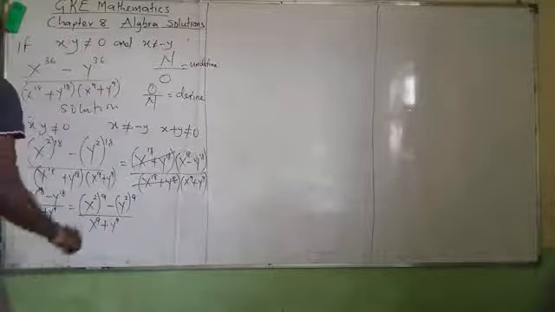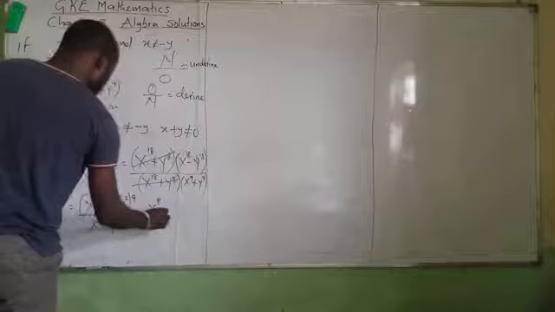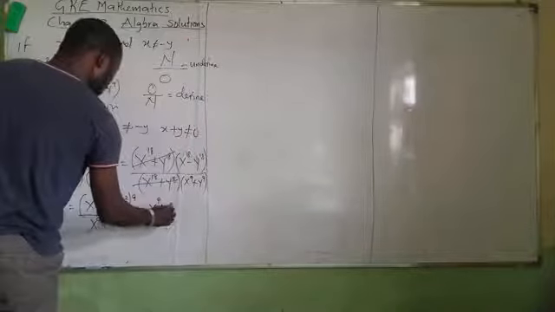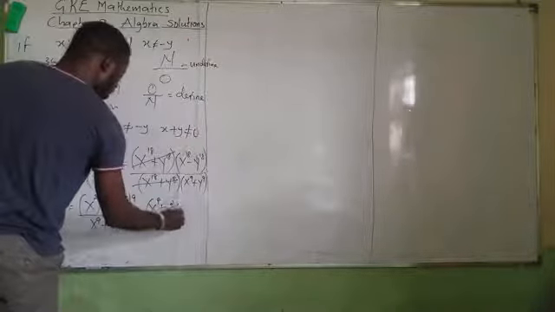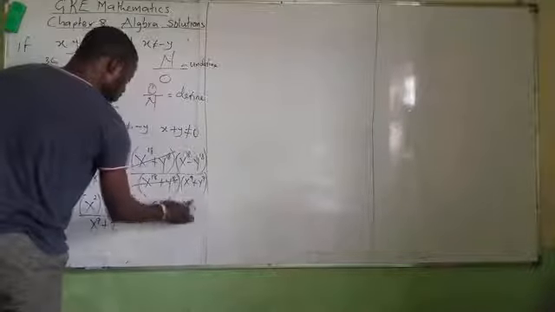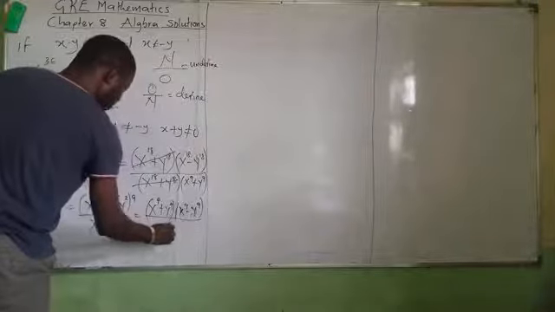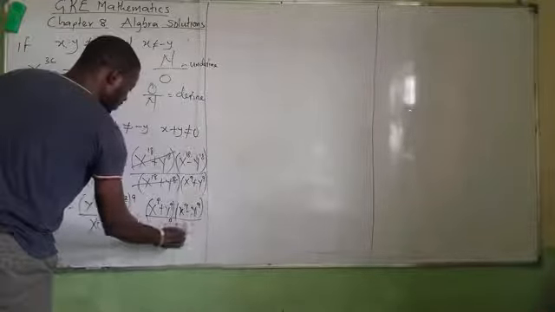Now, this will also be equal to x raised to power 9 plus y raised to power 9, times x raised to power 9 minus y raised to power 9, all divided by x 9 plus y 9.